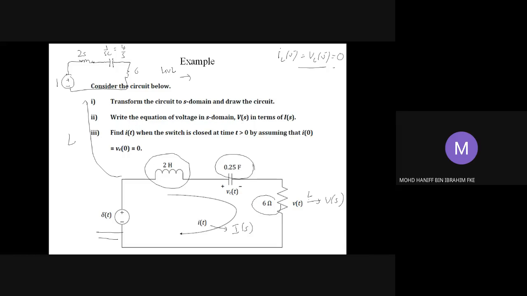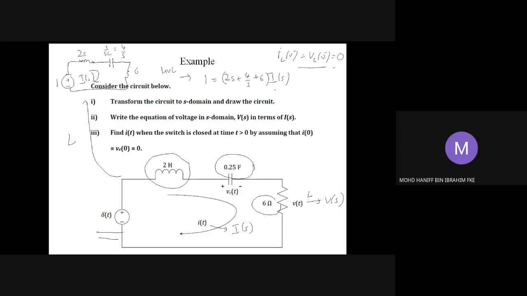Using the KVL, with the arrow showing the current I(s), we are going to have 1 equals to 2s plus 4 over s plus 6, multiplied with I(s). So that should be the equation.